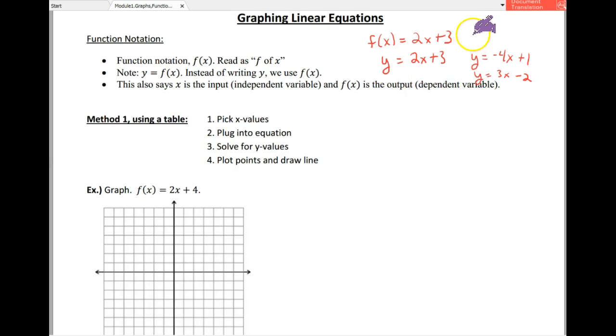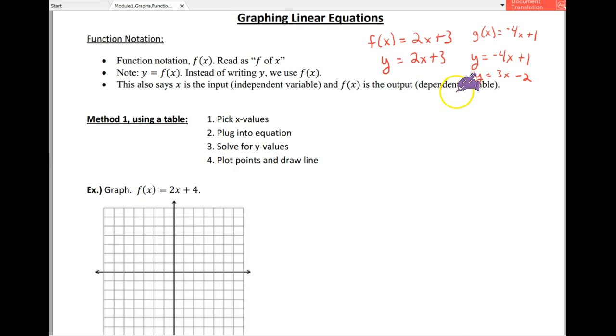So I could say g of x equals negative 4x plus 1. So now I can differentiate between function f and function g. So I know that these two lines are different lines. I don't have to always refer to them as, this is line y and y and y. So it gives the function a name.